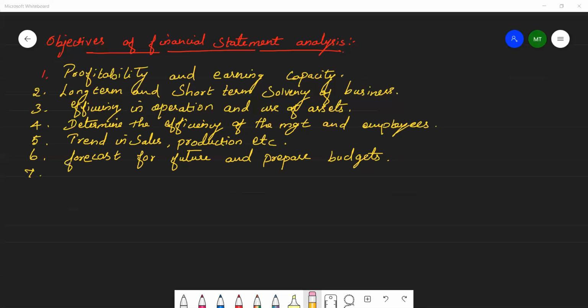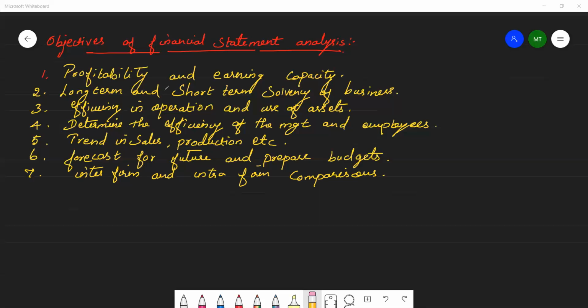The seventh one is to make interfirm and intrafirm comparisons. So there are 7 objectives of financial statement analysis. First, profitability and earning capacity.